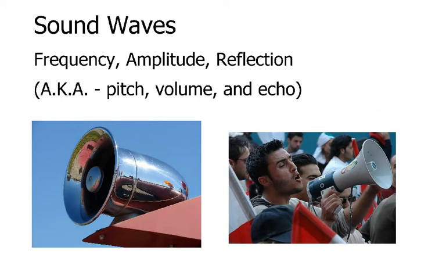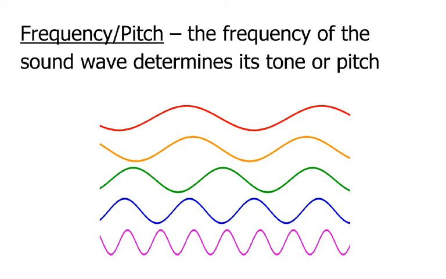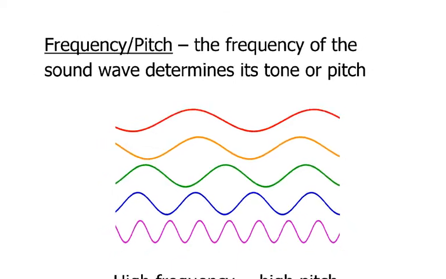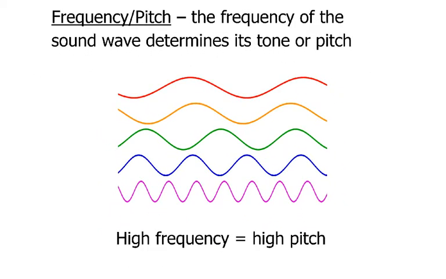All right, so let's move on. Frequency or pitch. Well, we just said this. The pitch of the sound is determined by its frequency. So a low frequency sound, such as this one, by the way, of course, sound does not look like this because sound is not a transverse wave, it's a longitudinal wave.